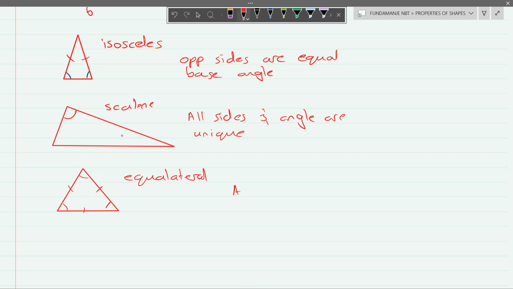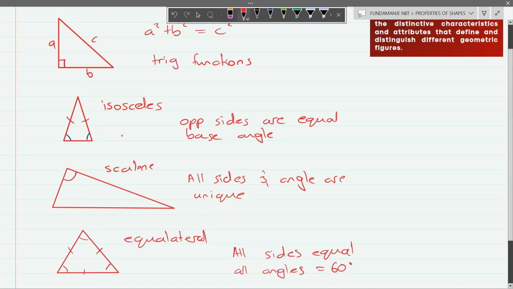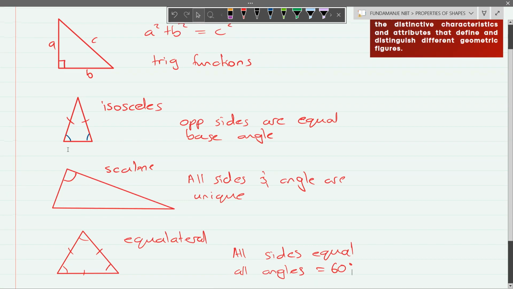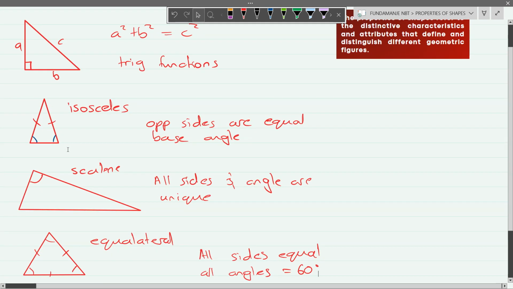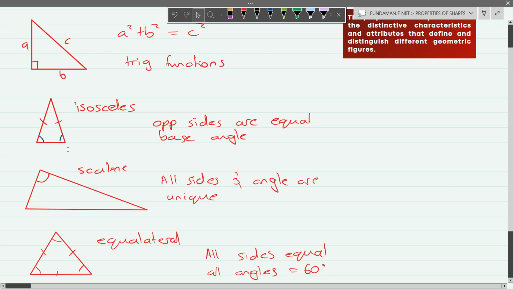So all sides are equal and all angles equal 60 degrees. And that's that. So these are the types of triangles that we get.